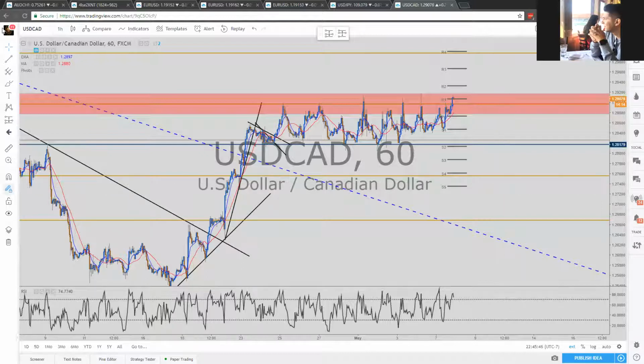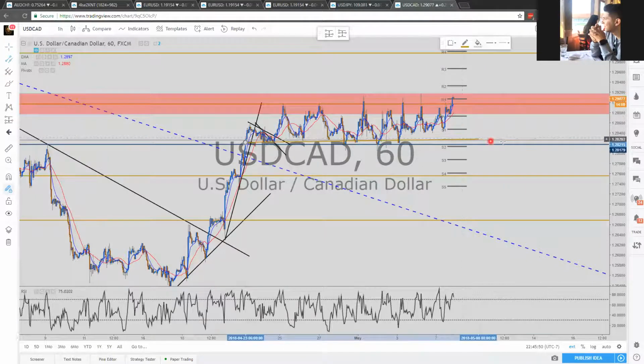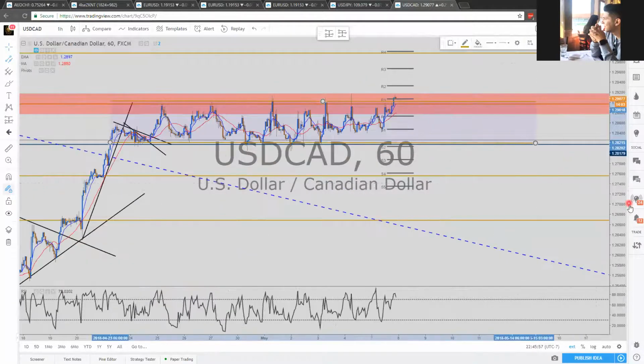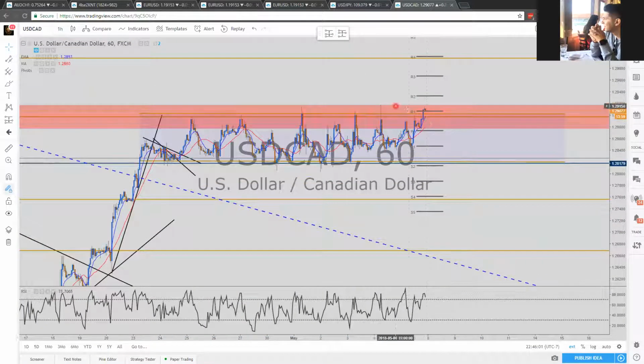So definitely that's what's going on here. We can see there's a sideways channel. If I do my channel like this, there's a sideways channel happening. Now, it's looking like it's breaking through. We can see that there's a long candlestick and it's not a wick. These wicks mean that buyers came in, sellers pushed the market down.